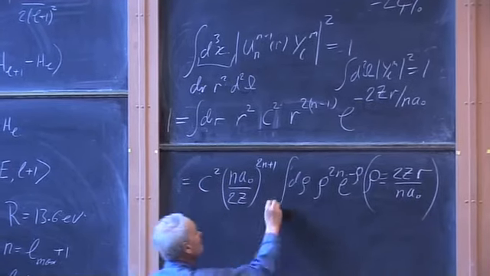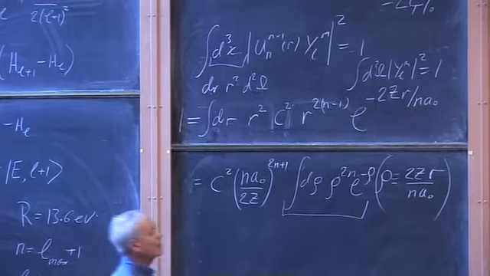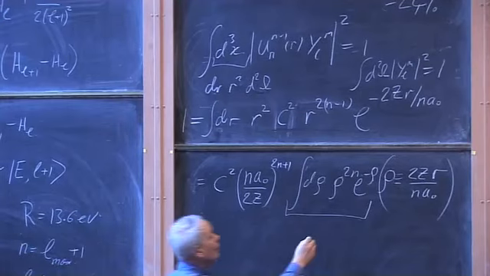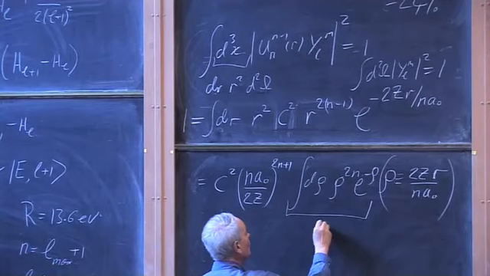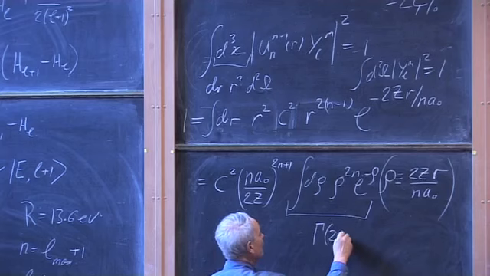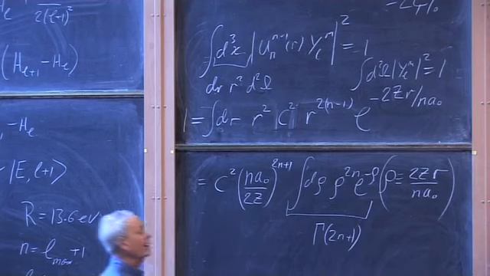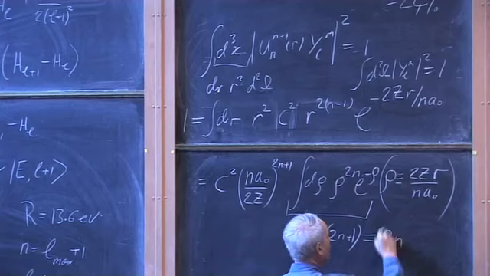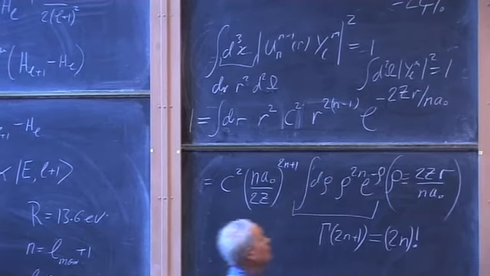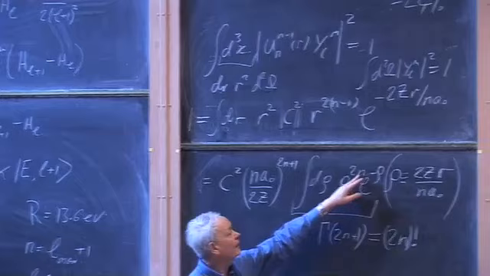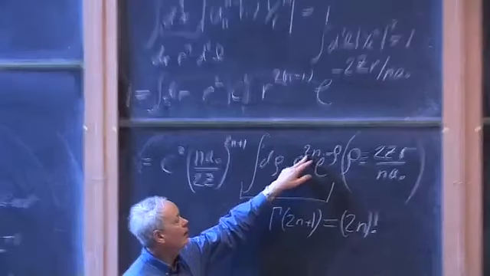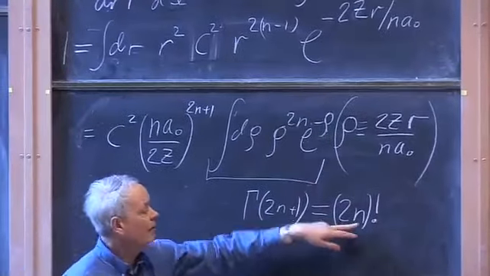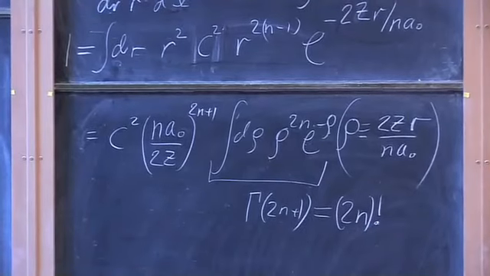Now this is a famous integral in mathematics, often called gamma of 2n plus 1. I believe Euler's responsible for that absurdity, but what it should be thought of as is 2n factorial. So this integral is simply this exponent up here factorial. Easy to prove.